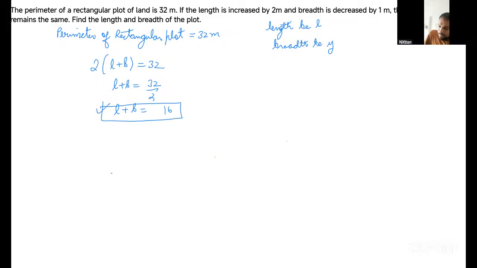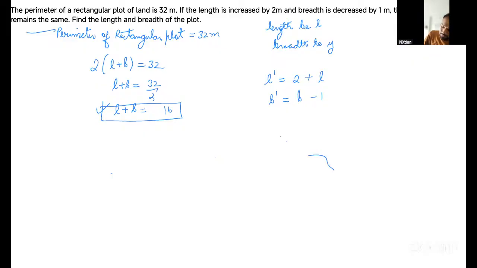Now, the second equation, what is it trying to say: if length is increased by 2 meters and breadth is decreased by 1 meter, the area of the plot remains the same.